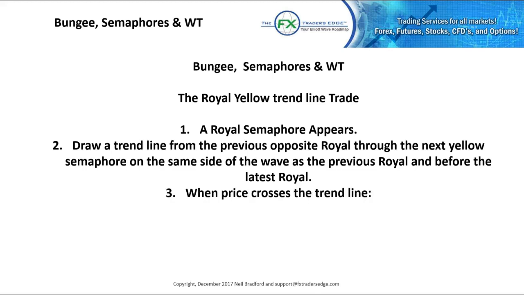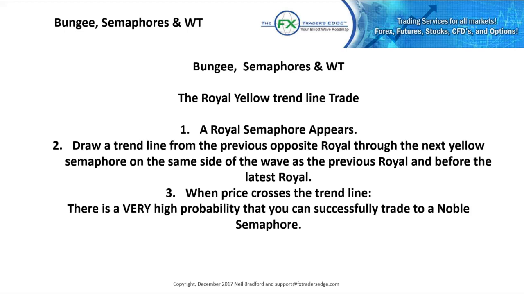When price crosses the trend line, there is a very high probability that you can successfully trade to a noble semaphore. And one of our students, well, not so much a student as an accomplished trader, Barbara, must take the credit for testing this out for us.